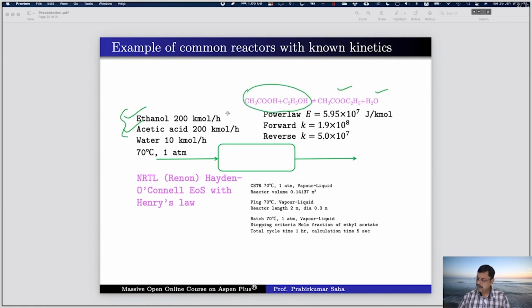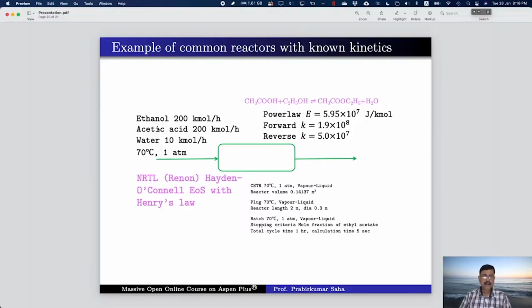The flow rate of the reactants and the temperature and pressure conditions are given, and the reaction kinetics, the K value and activation energy are given, and we will use NRTL Renon Hayden O'Connell EOS with Henry's law. For CSTR, plug flow reactor and batch reactor, individual conditions are given. So with this information, we will see how these models can be used.